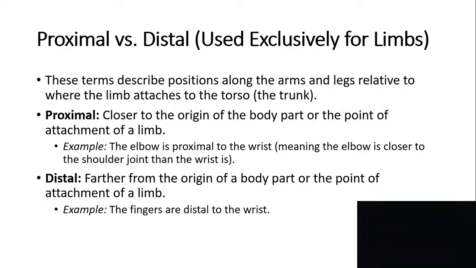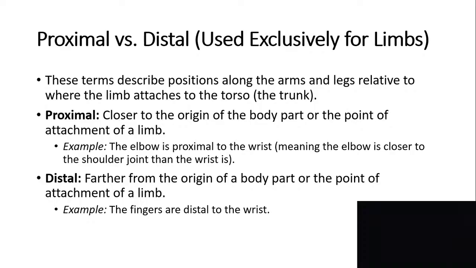Proximal means closer to the origin of the body part or the point of attachment of the limb. A good example is that the elbow is proximal to the wrist, meaning that in this case, the elbow is closer to the shoulder joint than the wrist.